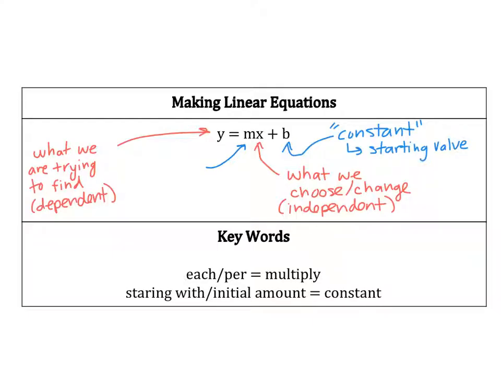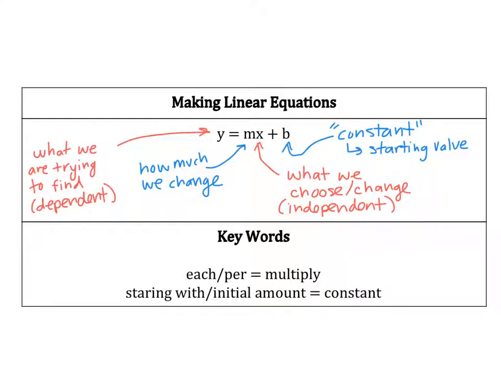In word problems, m is going to be how much we change, which kind of makes sense for the slope because slope is how much you change going from one point to the next. So we can kind of use these guidelines to help us look at words and translate them into a math equation.